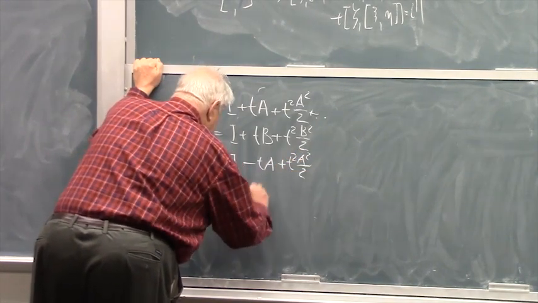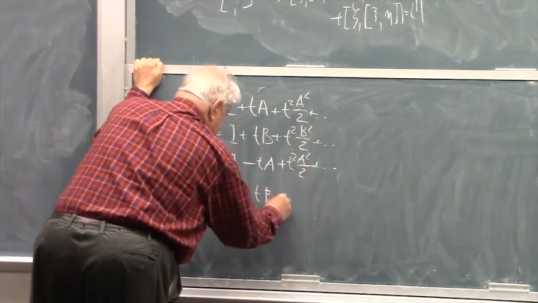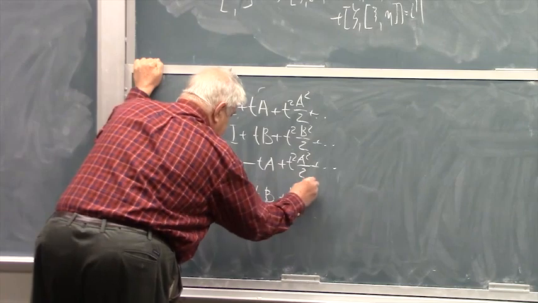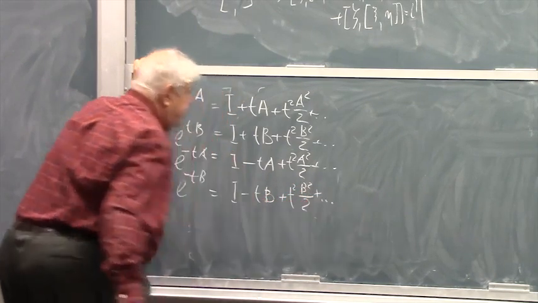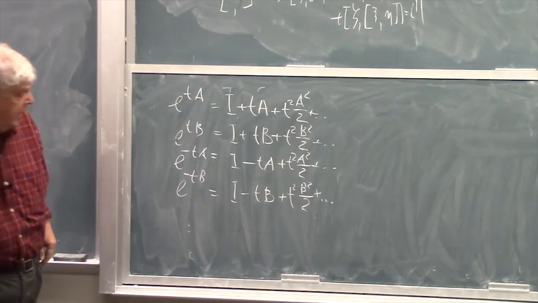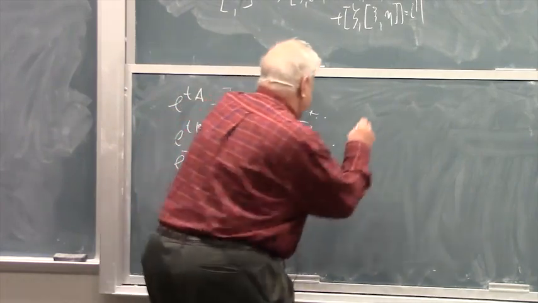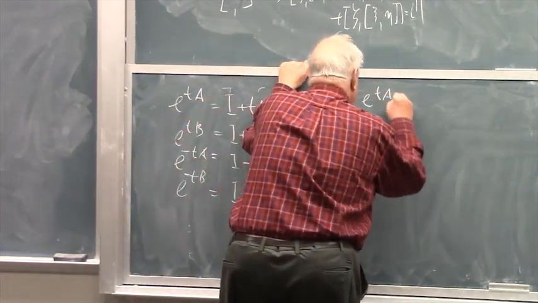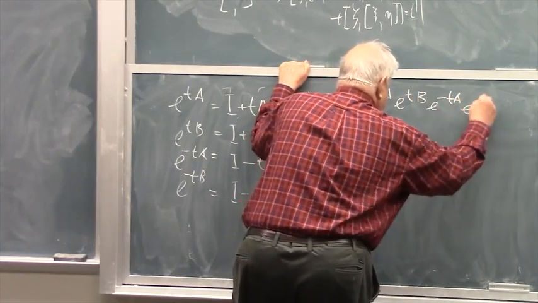And this is I minus tB, everything. Okay? Now I want to compute, again, up to the term t squared, the expression e^{tA} e^{tB} e^{-tA} e^{-tB}.